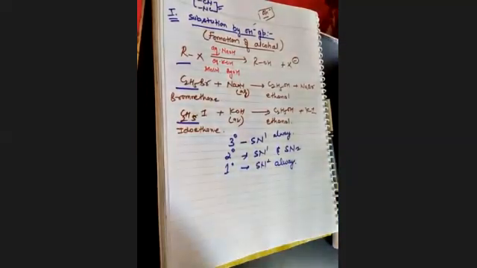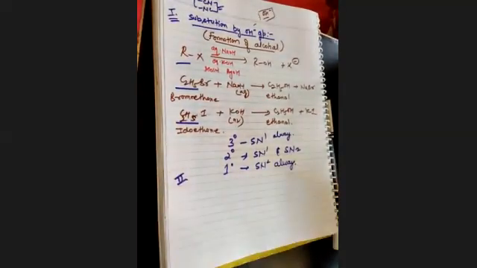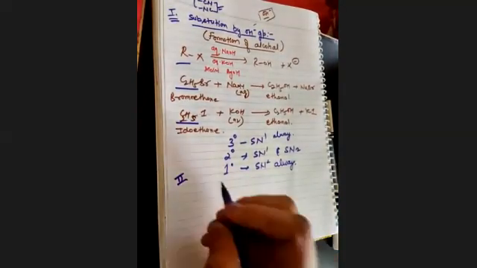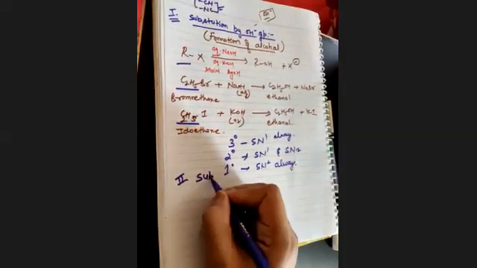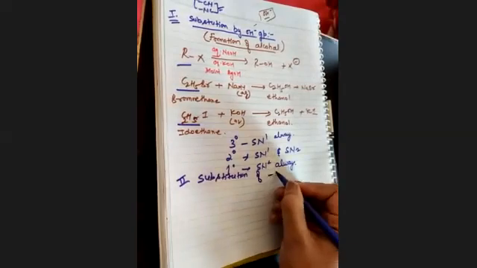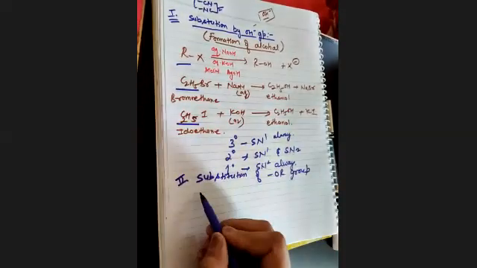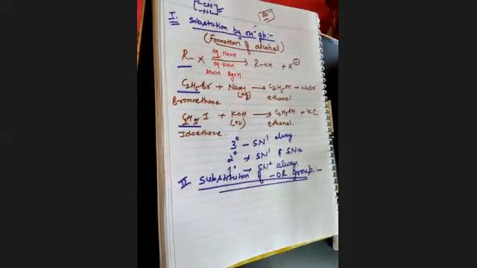The second type of reaction is the substitution of OR group. And these reactions are actually important.